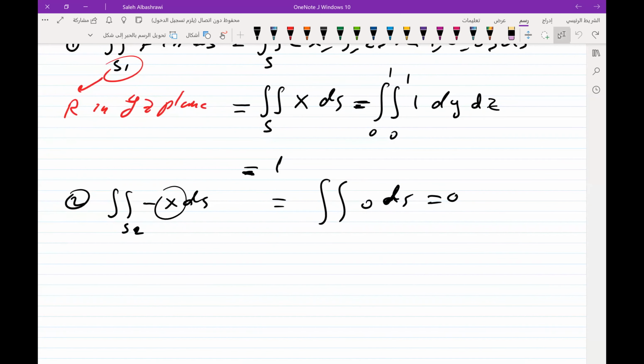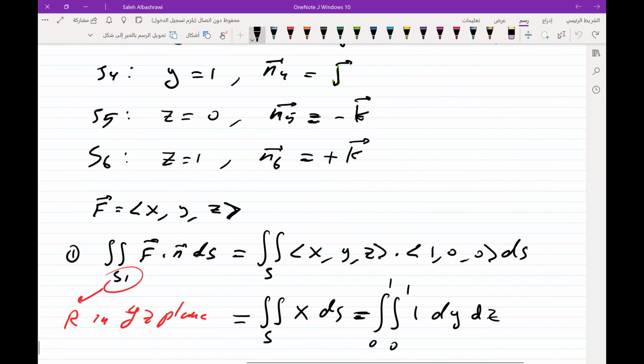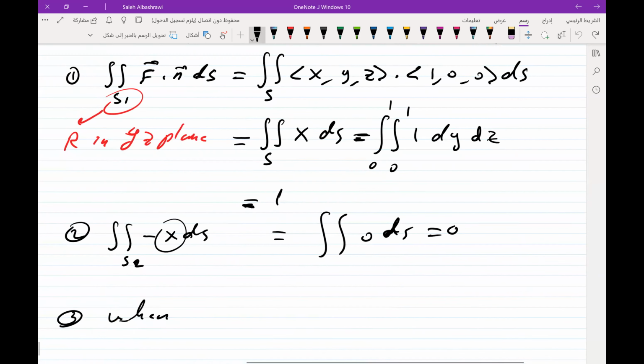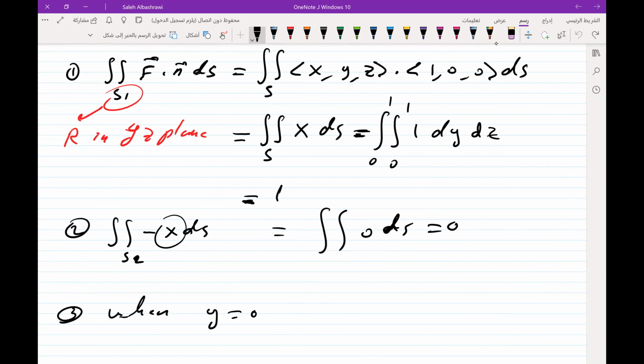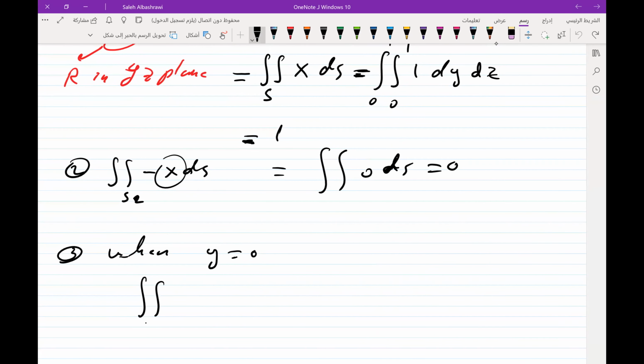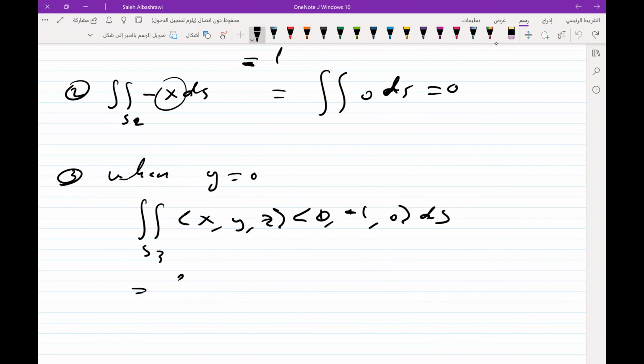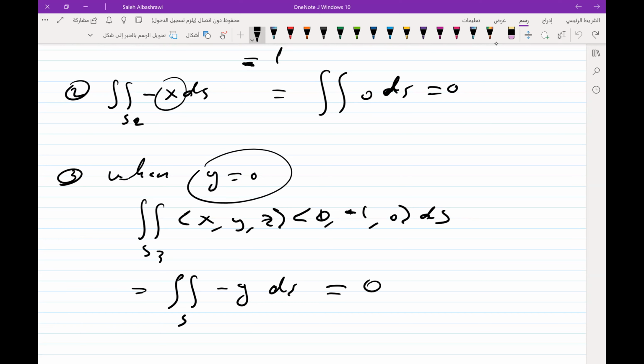For the third one, when y equal to 0, the product of x, y, z with 0, minus 1, 0 ds is minus y ds, but y equal to 0, so this is 0.